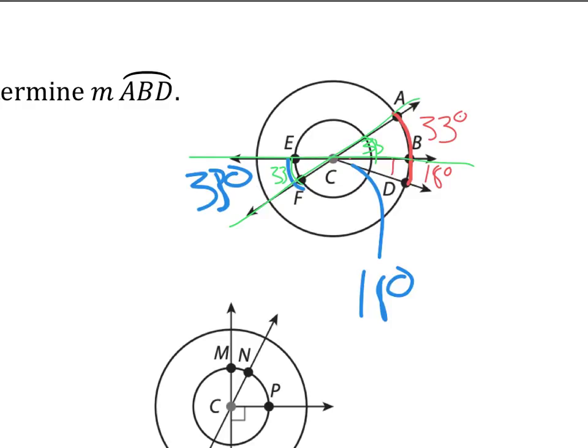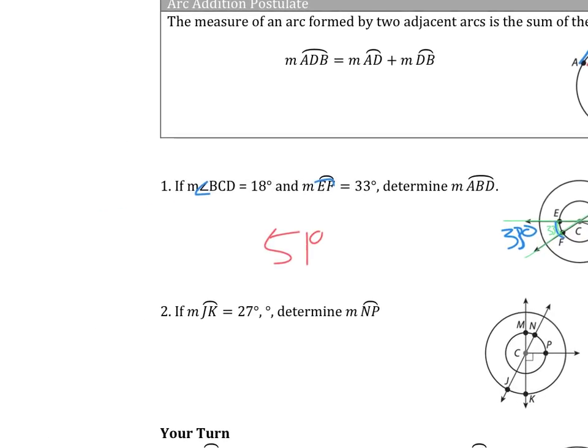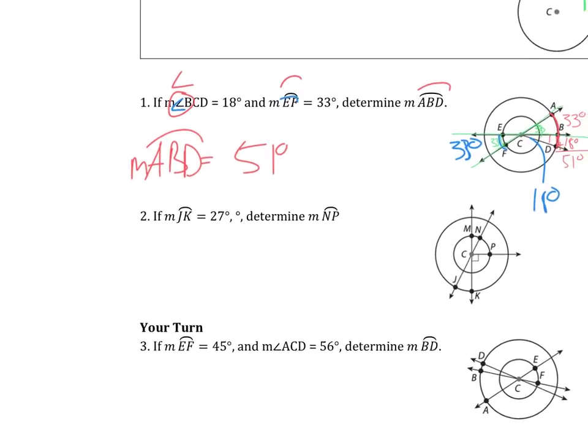And then AB plus BD gives us ABD, so we add 33 plus 18, and we get 51 degrees for the measure of ABD. So again, quick, that means angle, and the little circle over each of these means the arc of that circle.